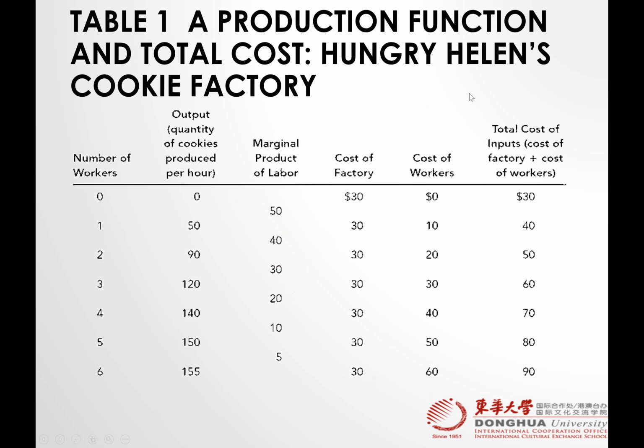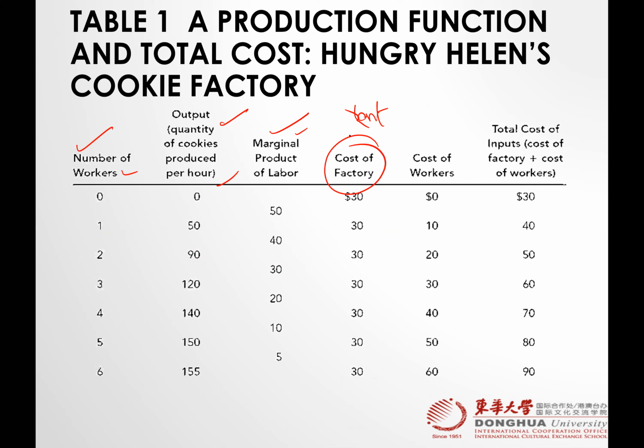Here we go. So we know these three: the number of inputs, which is the number of workers, the cookies the workers are producing, and the marginal product of labor. Now we are giving the cost of the factory, which is maybe the rent.